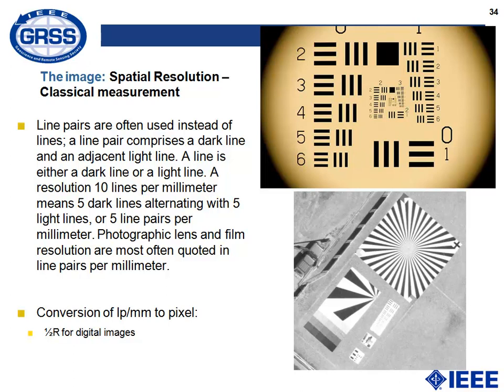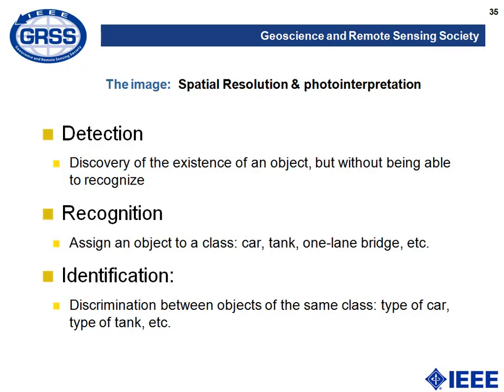There are several methods to define the spatial resolution of a certain sort of instrument or sensor. However, the main concepts to be defined are related to the relationship between spatial resolution and the capacity of photo interpretation.